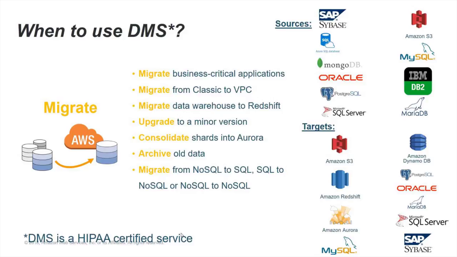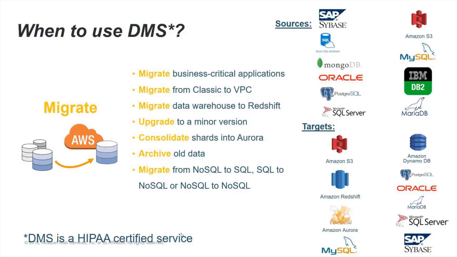You can also use DMS to do an upgrade on the versions. Say you don't want to have downtime when you are upgrading your existing instances, you can use DMS for that. You can consolidate your existing multiple on-premise instances into one Aurora instance.